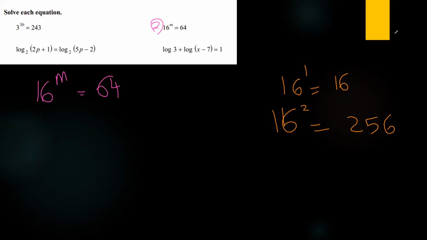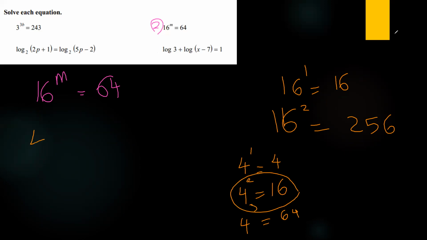4. Exactly. Let's try. We know that 4 to the power 1 is 4, 4 squared is 16, 4 cubed is 64. So because of that, I can now rewrite 16 as 4 squared, and don't forget the m. 16 to the power m equals 64, which is 4 to the power 3.